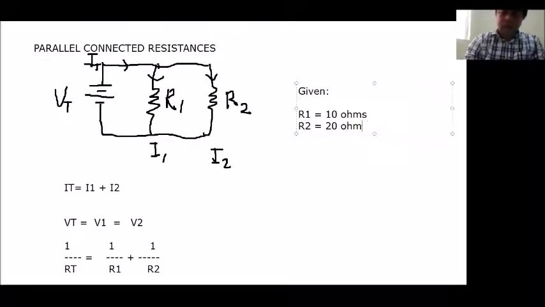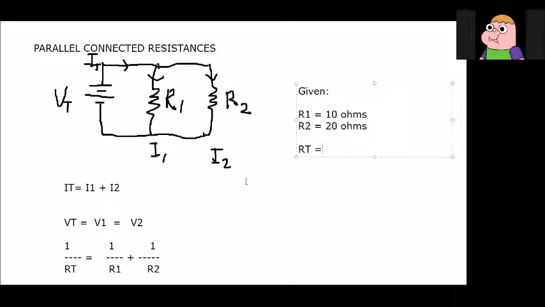What will be our total resistance? So 1/10 plus 1/20, and then get the reciprocal.